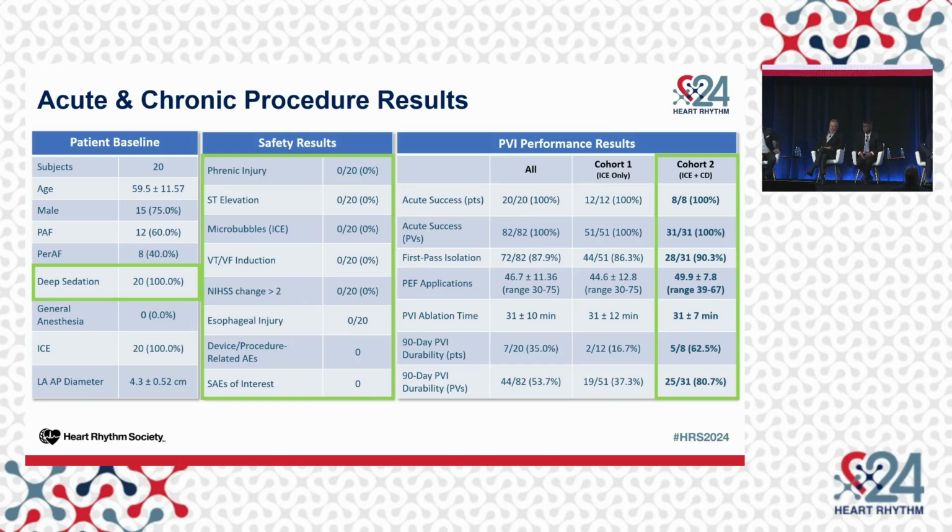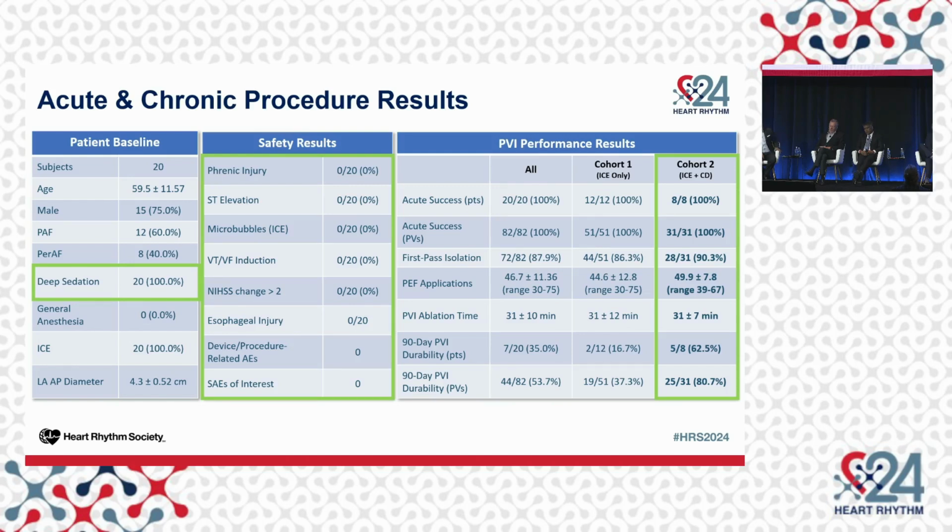But what's important is the 90-day durability. If you look at the very bottom, the 90-day PVI durability in total number of PVs, even though you had acute isolation of 90% when you thought you were in contact with ICE, look at the durability: about 40%. So 60% of the veins had reconnected, and that's why it's important to do these studies with remap.